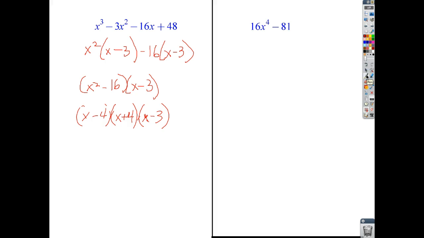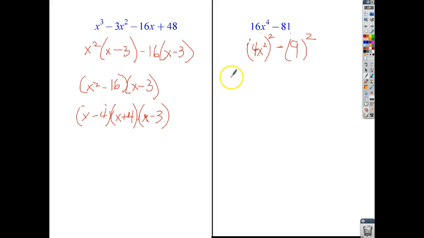Next we've got 16x to the fourth minus 81. See if we can try that one. This one is actually the difference of two perfect squares. So what perfect squares do I have? Well, this is a perfect square, so this is 4x squared, minus 9 squared.